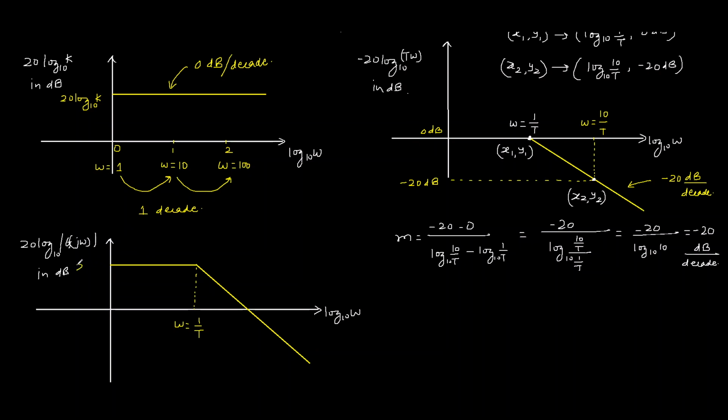This point is 20 log k base 10, and the starting slope is 0 dB per decade, because magnitude is not changing with frequency initially, and after omega equal to 1 by t, this slope becomes minus 20 dB per decade. See, at omega equal to 1 by t, this 1 by t is the pole frequency.